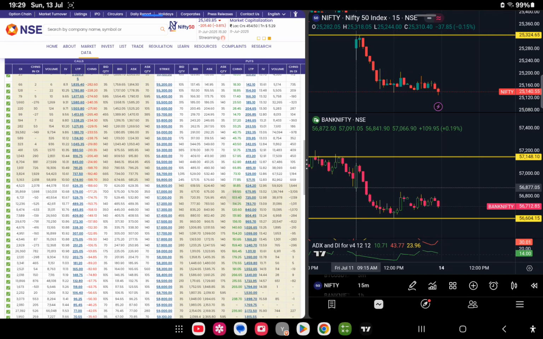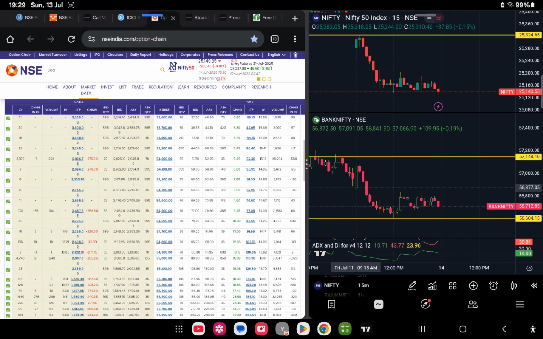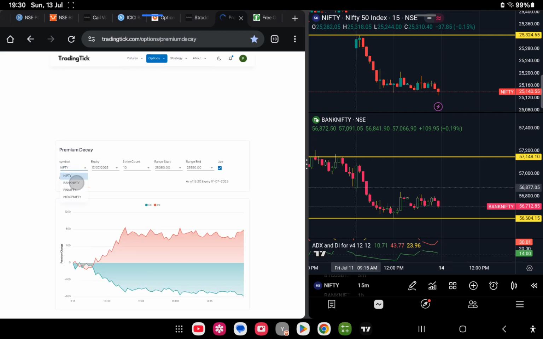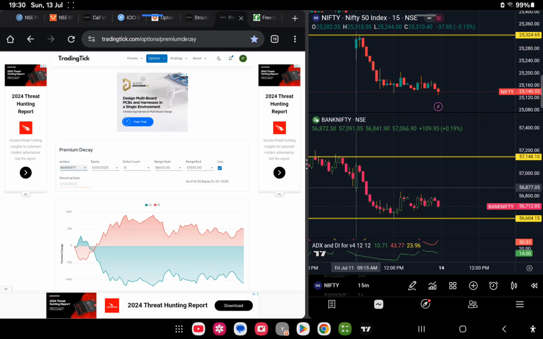I will quickly go to the premium and we'll check how the premium has reacted. So first I'm going to take Bank Nifty. Bank Nifty open was 56,800. I'll take both sides of the 56,800 range.